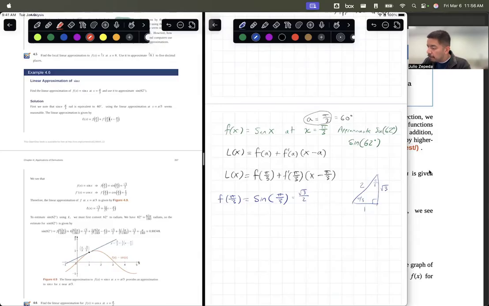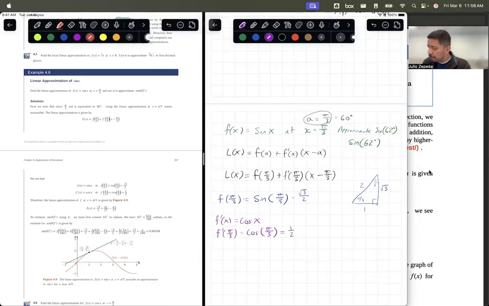Let's figure out what f prime of x is. The derivative of sine, we know, is cosine. So cosine of x. And we want f prime of pi over 3. So f prime of pi over 3 is cosine of pi over 3, which is adjacent over hypotenuse.